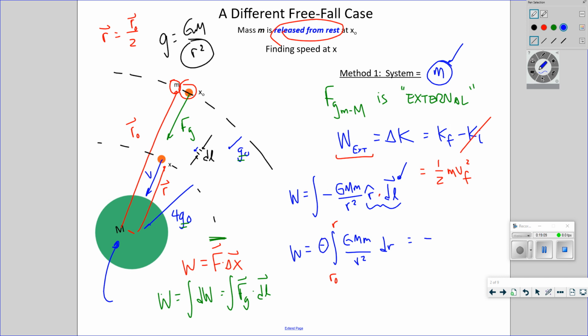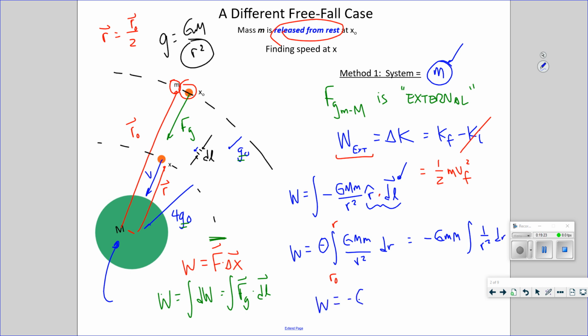When we integrate G M m, the integral of 1 over r squared dr, the work is negative G, big M, little m, from r naught to r. That's the integral of r to the negative 2, and that's negative r to the negative 1. So here's the negative 1, here's the negative r. You okay there?